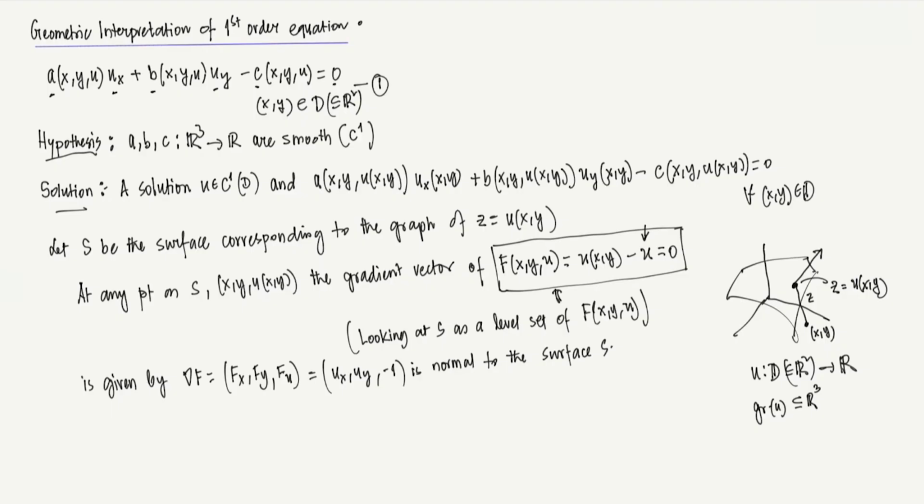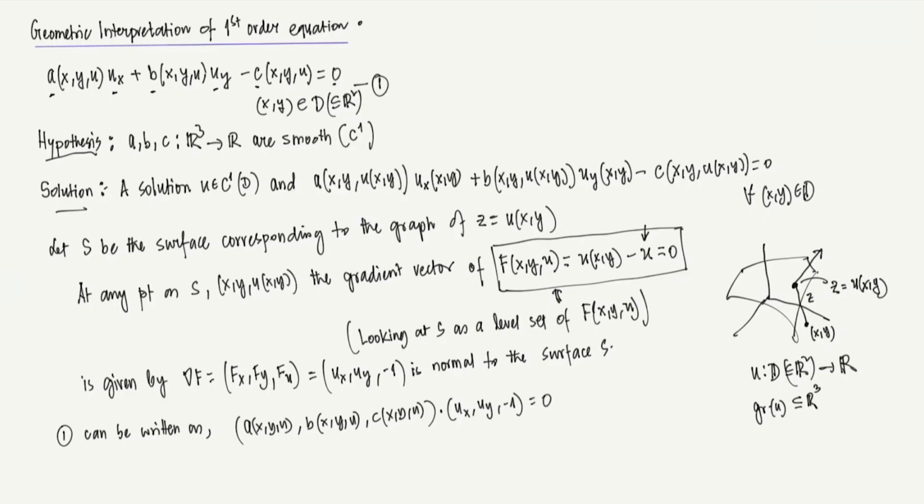Now, if you just look at the equation, what is happening here is this. The equation can be written as A of x, y, u, comma B of x, y, u, comma C of x, y, u, and this vector dotted with u_x, u_y and minus 1 equals 0.